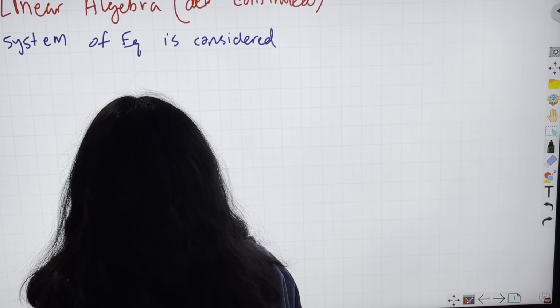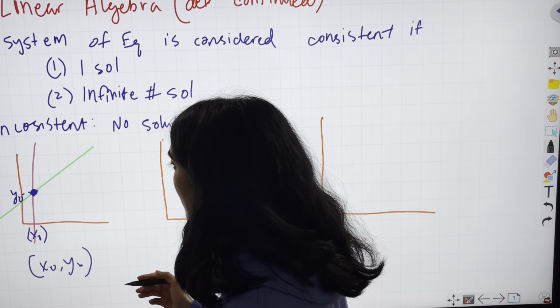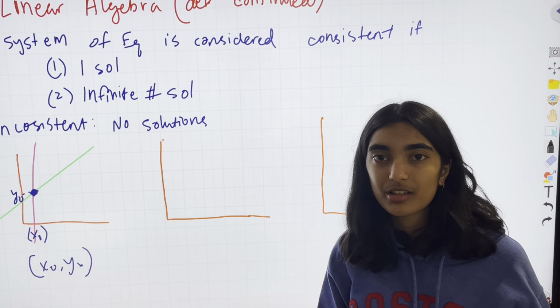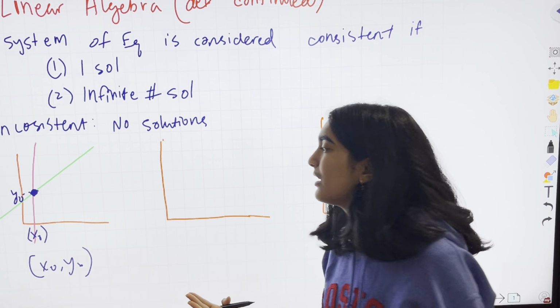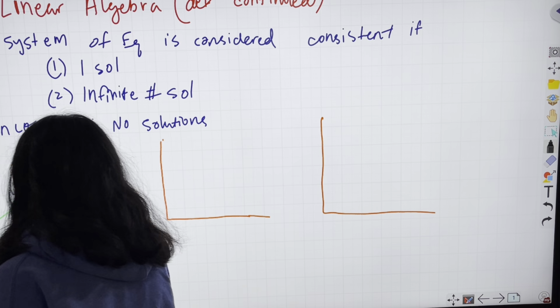This x value gets you this y value. This collection of x and y get you the same point. It makes the system true, okay? So that's why when you have one point of intersection of 2 lines, you have one solution.